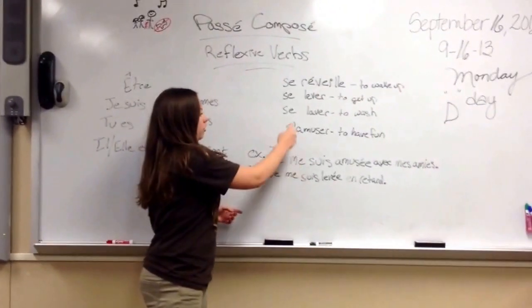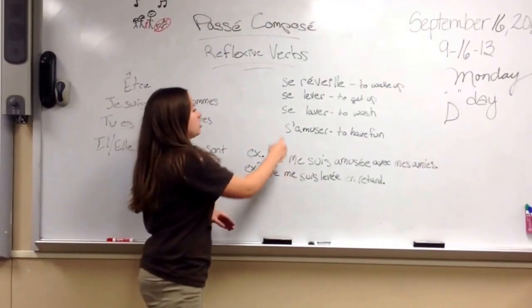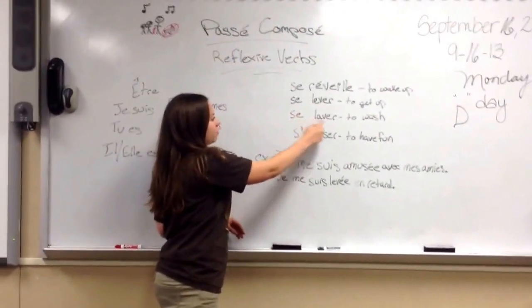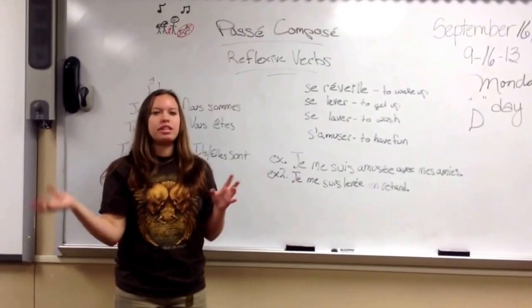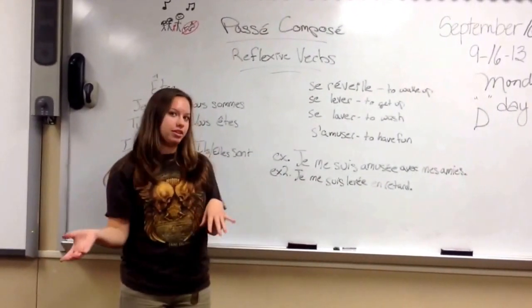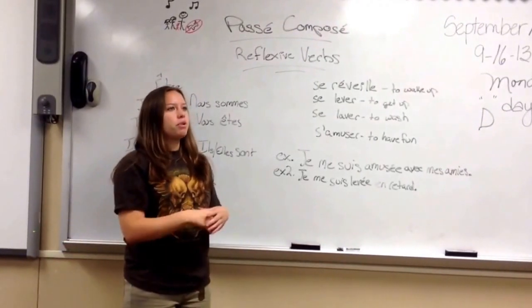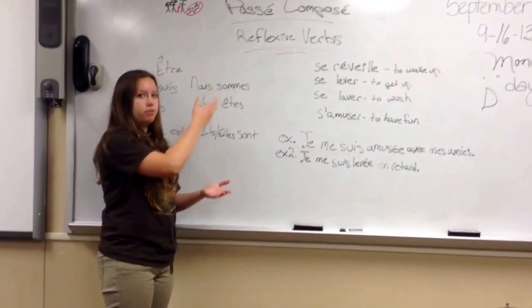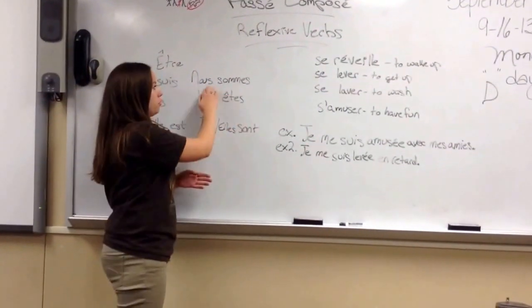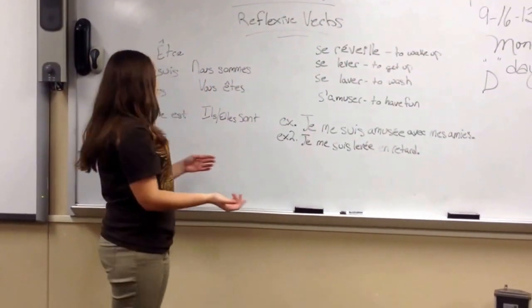And, oh, this is what I forgot to talk about. The se that you see in front of the verb is what distinguishes it as a reflexive verb. So when you use, say, vous, it's vous. With nous, it's nous.